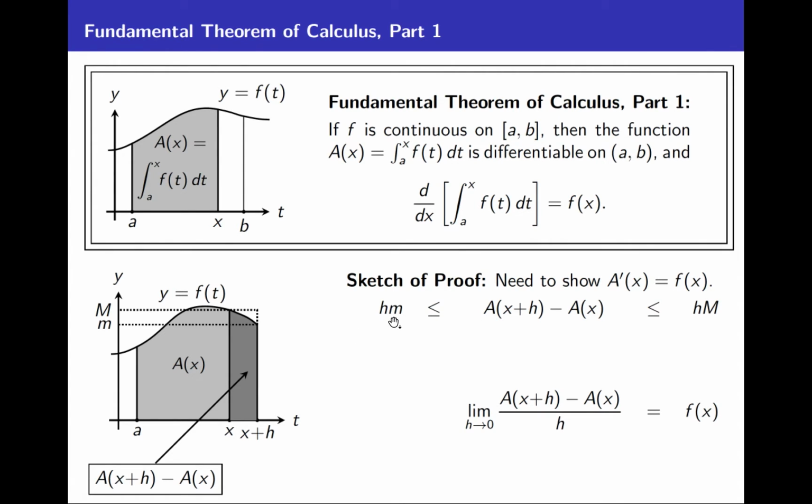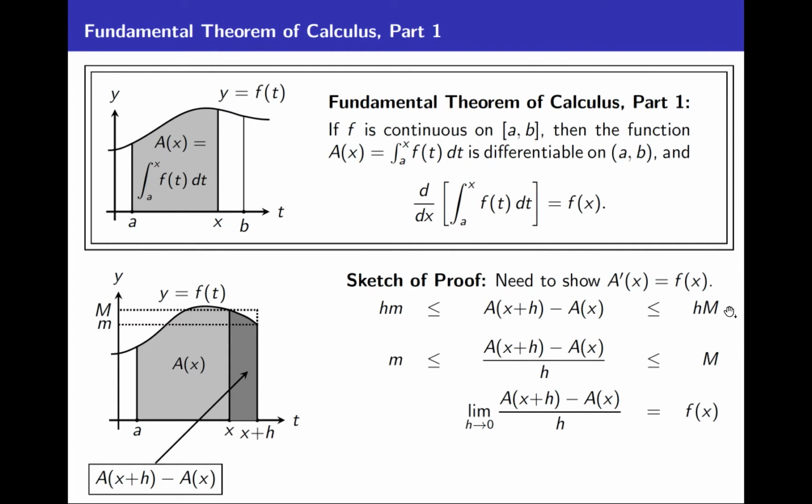But h times little m, which is the area of the shorter rectangle, is inside the area A of x plus h minus A of x. So it's less than or equal to A of x plus h minus A of x. So this dark shaded region lies between h times little m and h times big M.